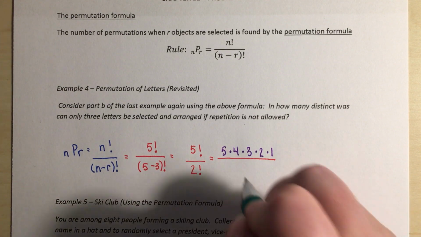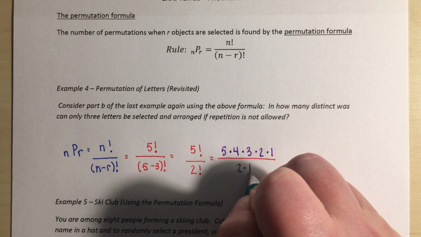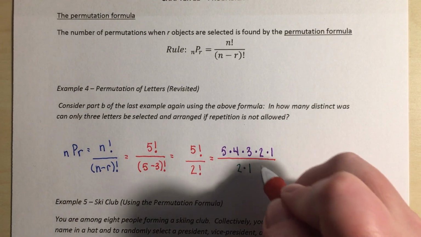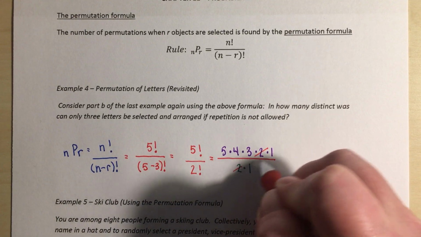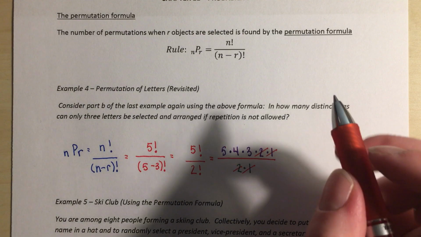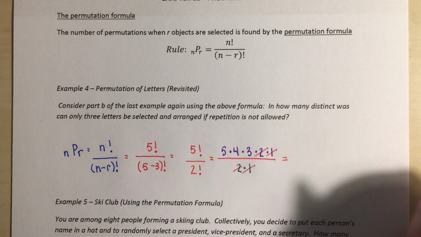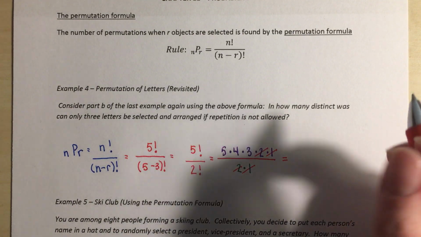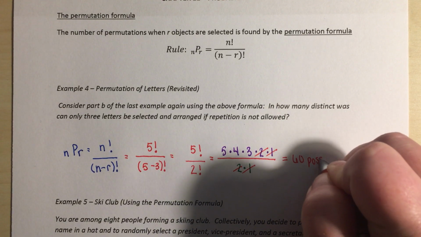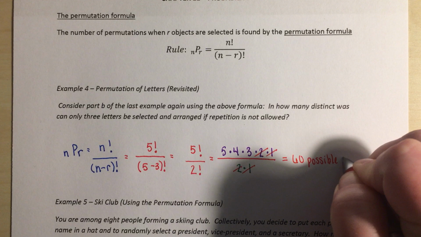Our 2 factorial is simply 2 times 1. Now, if we cancel these out, we cancel out our 2 and our 1, and we're just left with 5 times 4 times 3, which is exactly what we saw in our previous example. This is going to give us 60 possible arrangements.